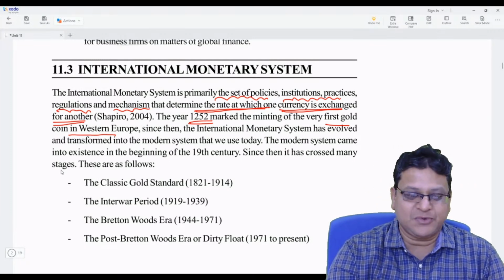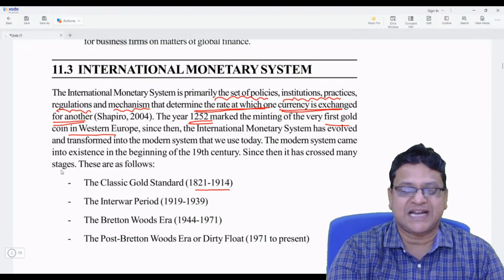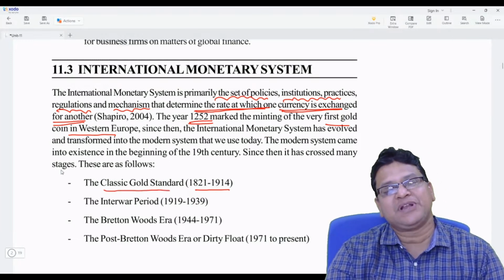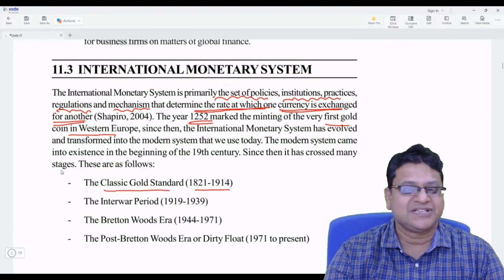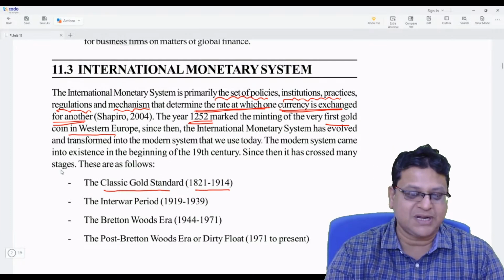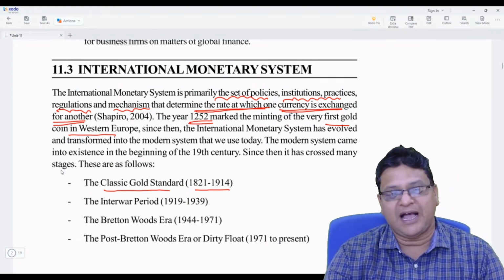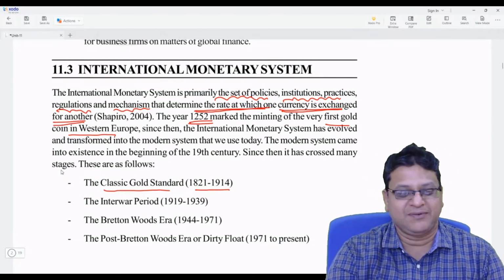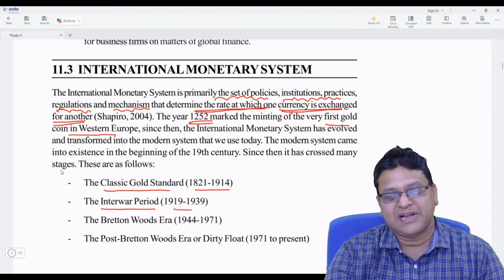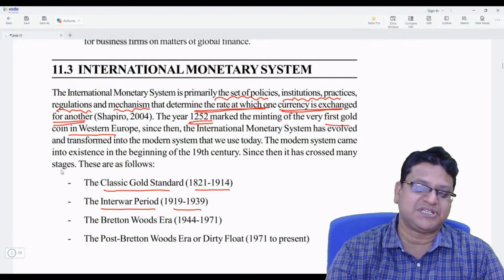From 1821 to 1914, we followed a standard for determining the exchange rate between currencies of the world, known as the classical gold standard. What is the classical gold standard? The classical gold standard was interrupted at World War I. And during the interwar period, 1919 to 1939, how was the exchange rate determined?